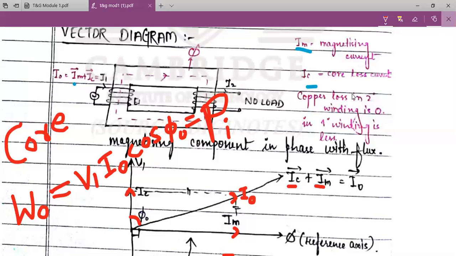You have to remember the steps to draw the phasor diagram of practical transformer on no load and ideal transformer on no load, and the features of ideal transformers. The features of an ideal transformer are that resistance is zero, leakage flux is zero, and power loss is zero, and there is no current flowing to the second side of the transformer.